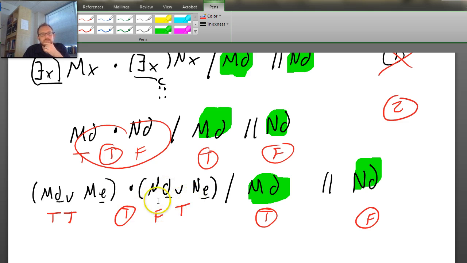In order for this to be true, what happens if Me was false? It doesn't matter. If true or false, it's going to maintain its truth under the disjunctive operator. And what about over here? Well, if this is false, what happens if Ne is true? If Ne is true, then it's maintained, and this argument would be invalid.